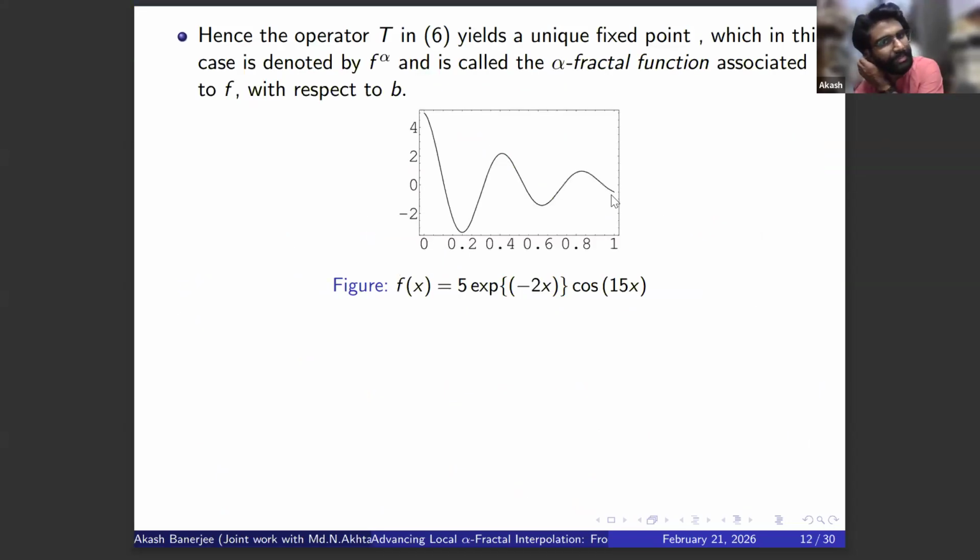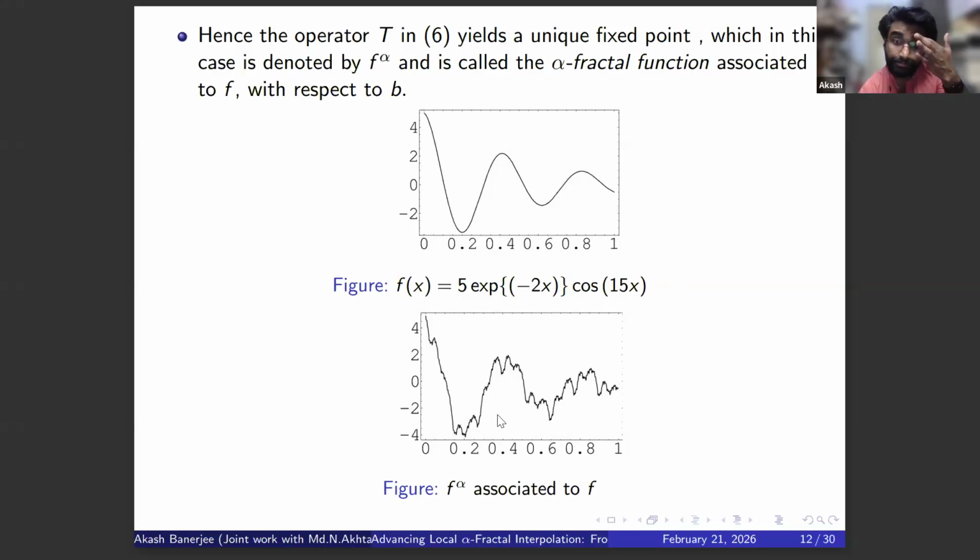Okay, fine. So this is a particular function f(x), which is 5 e to the power minus 2x into cos 15x. This is the graph of that function in the interval 0 to 1. And this is the figure of a particular alpha fractal function associated to this f, which we denote by f alpha.